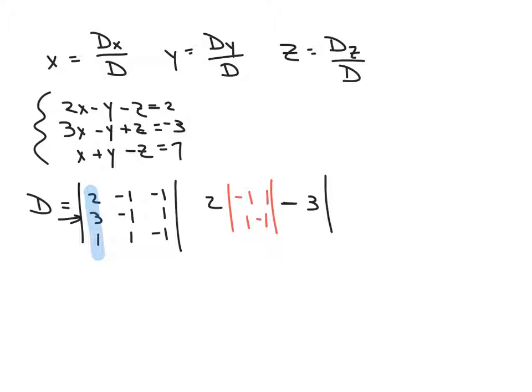Determinant, and I'm interested in what's left: negative 1, negative 1, 1, negative 1. Oops, might help if I used a pen instead of a highlighter.